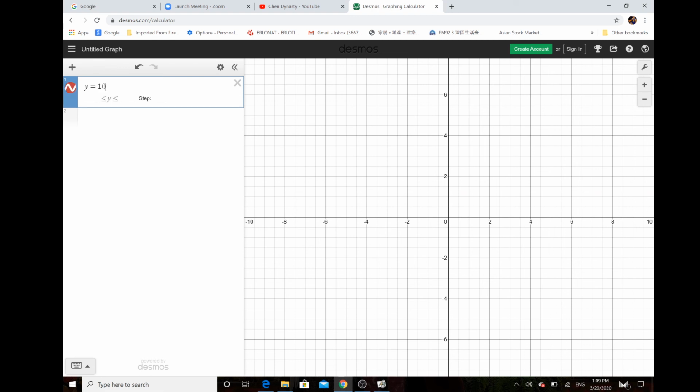So 10 caret, open parentheses, and then x caret 3, bring the cursor back down, minus x, close parentheses. That's the y equals on the left hand side.